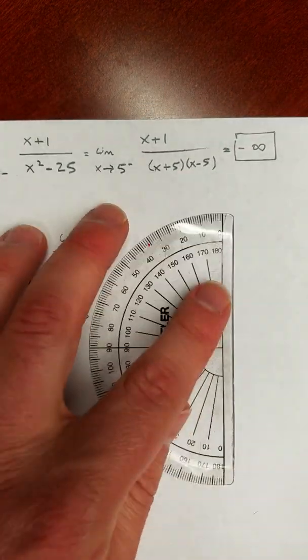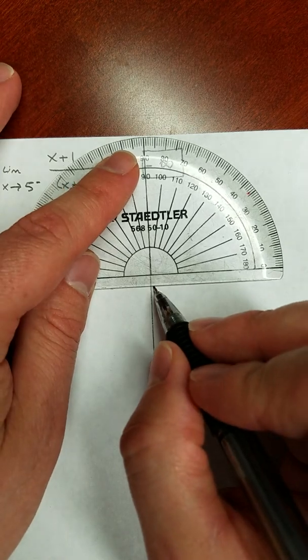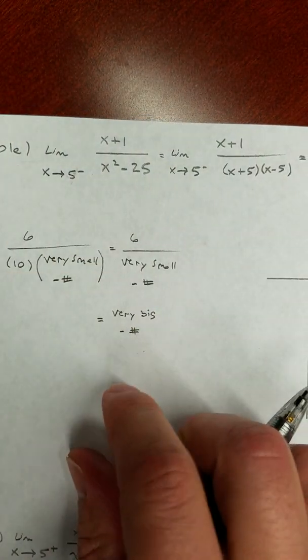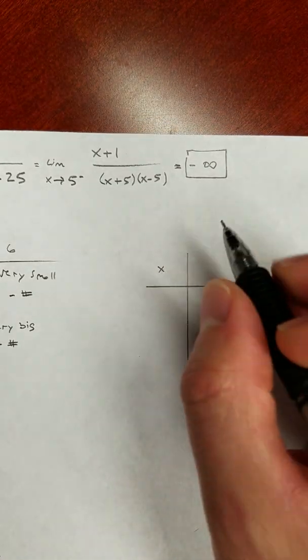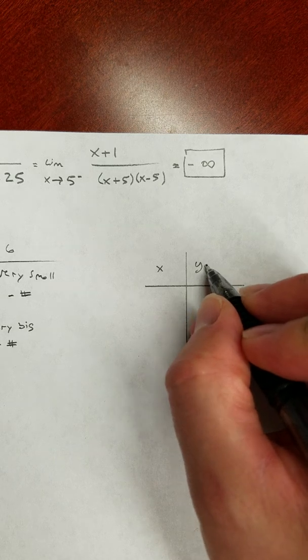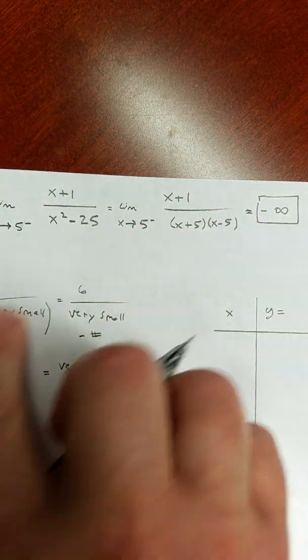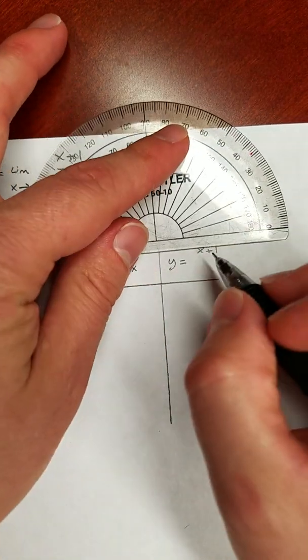Let's make our table, just to be on the safe side, to give you some proof or some tangible way to see what I was talking about. Okay, here goes. We're going to do x, and I'll just plug into that first one. I could use this one if I wanted to. It doesn't matter. I just wanted to show you what the numbers were.